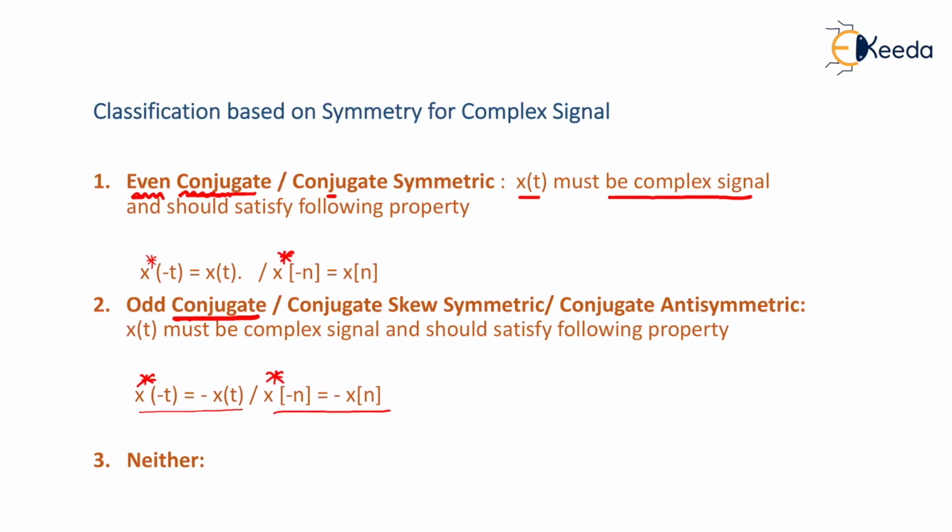If you do the operation x conjugate of minus t and it is not equal to plus or minus x of t, because you know that when x conjugate of minus t equals positive x of t it is an even conjugate signal, and when x conjugate of minus t equals minus of x of t it is an odd conjugate signal. So when x conjugate of minus t is neither equal to plus x of t nor minus x of t, the resulting signal is called neither even conjugate nor odd conjugate signal.